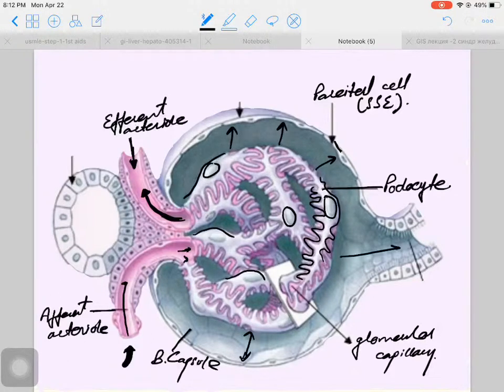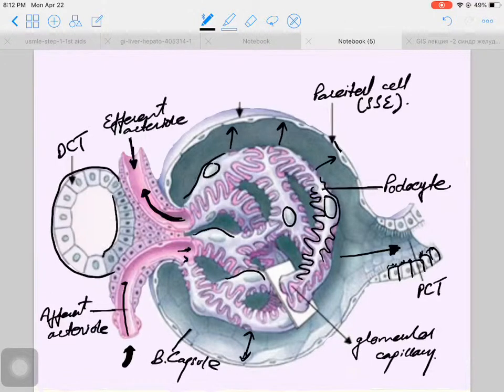After that, the urine or the filtrate passes through the proximal convoluted tubule having columnar epithelial cells with microvilli for reabsorption. And here near the efferent and afferent arteriole we have the distal convoluted tubule having a special type of cells that act as a chemoreceptor for the sodium concentration, called macula densa.